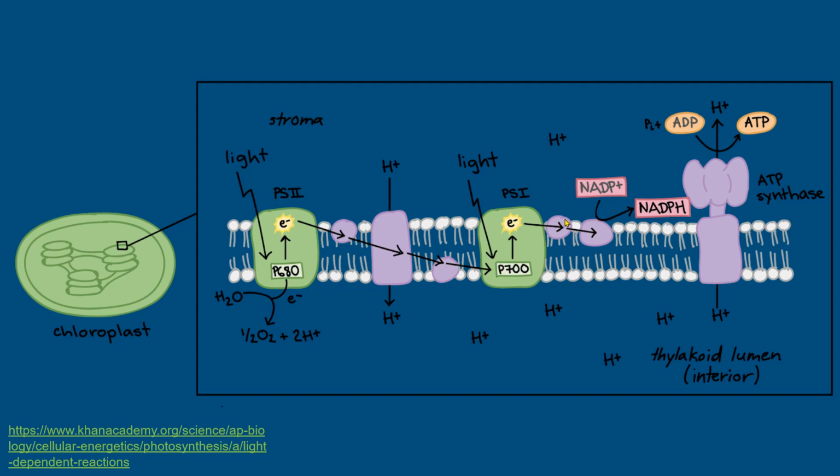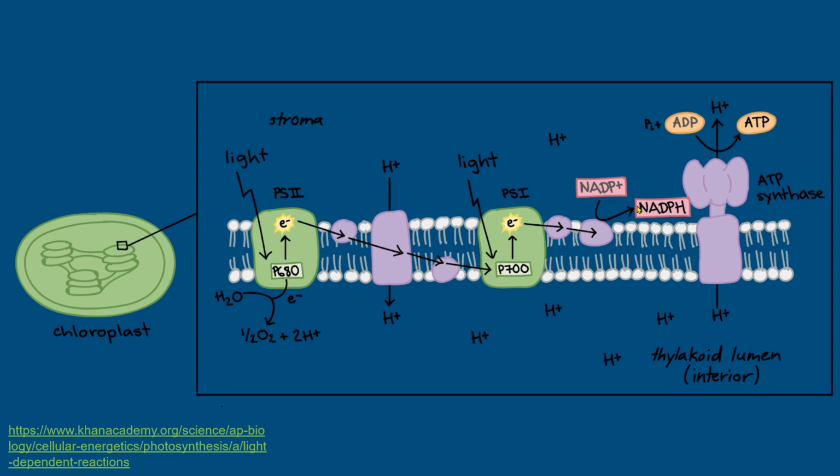Ferredoxin, which is an iron-containing protein, takes in the electron that's in this electron transport chain, transfers it to NADP+ in the presence of an enzyme called ferredoxin NADP+ reductase. Now, keep in mind that while single electrons pass through electron transport chains, 2 electrons are needed to reduce NADP+ to NADPH.